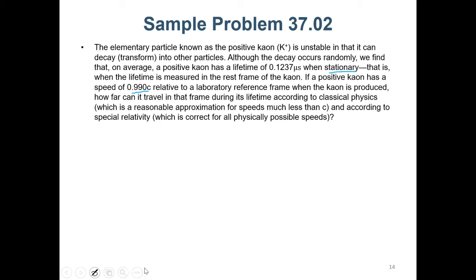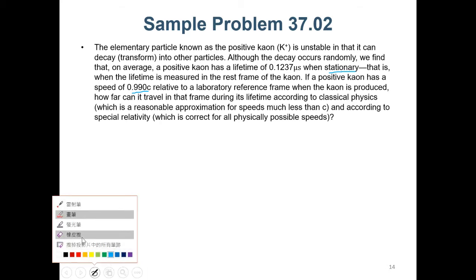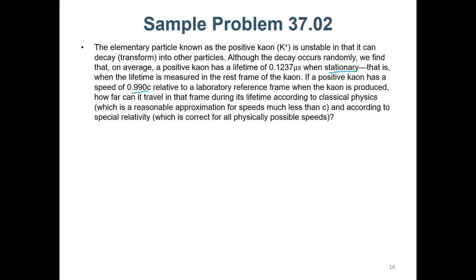So we need to calculate for two cases. The first case is using classical physics. We assume the time is absolute, and then we calculate how long it can move.